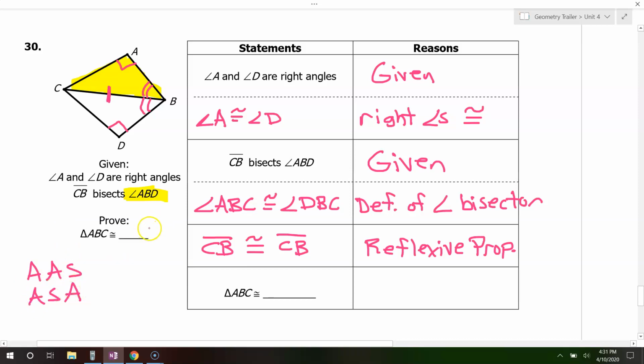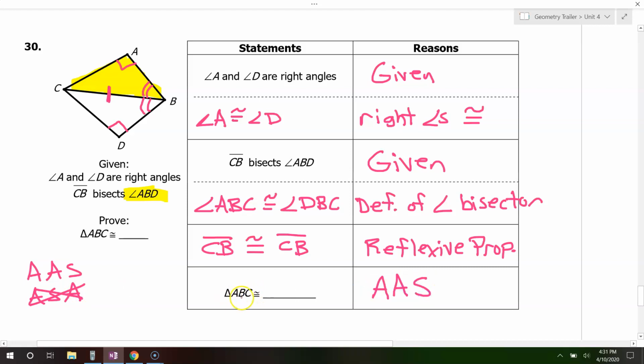Those are the only two possibilities. It'll be angle, side, angle only if the side is between the two angles. This side is not between the two angles. All right, this is the side that's between the two angles. So since the side is not between the two angles, it can't be this one. So it must be angle, angle, side.